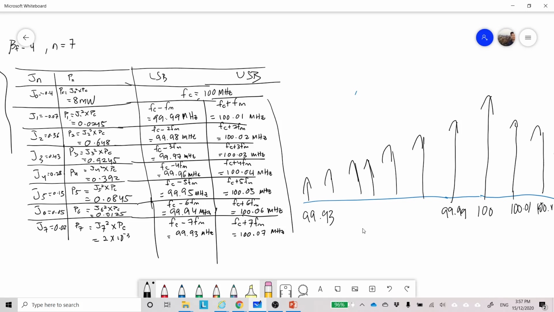J0 ni patut... Saya rasa saya salah kira yang ni, yang pertama P0 berapa?